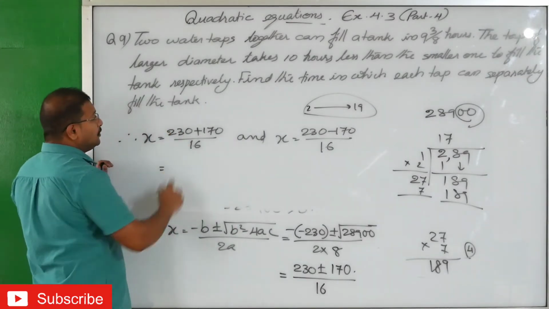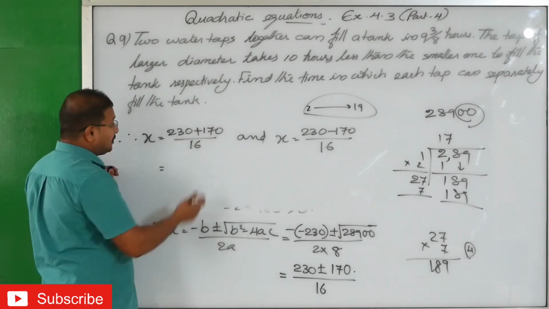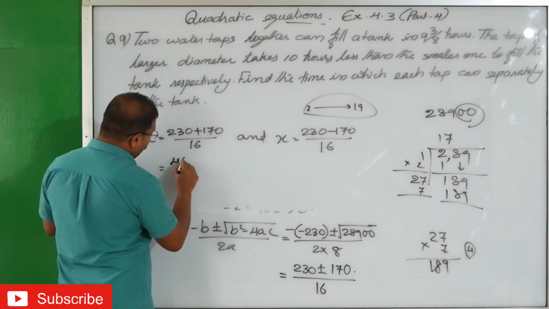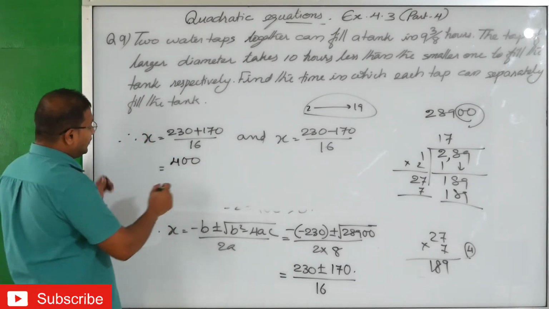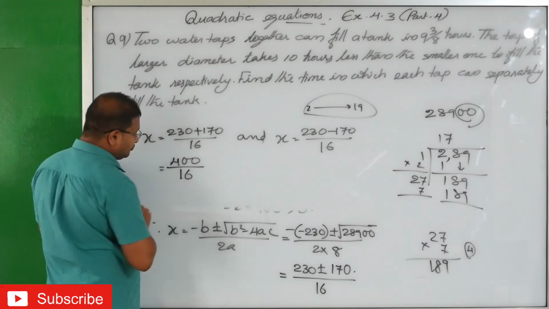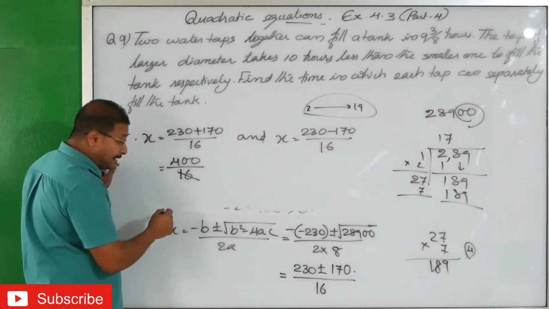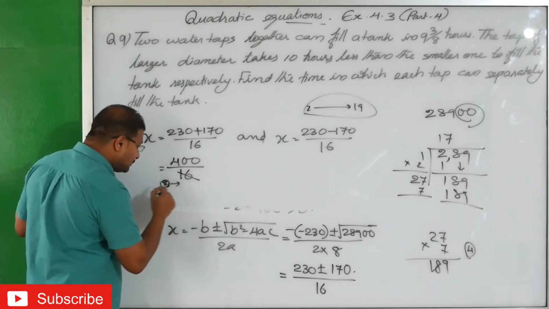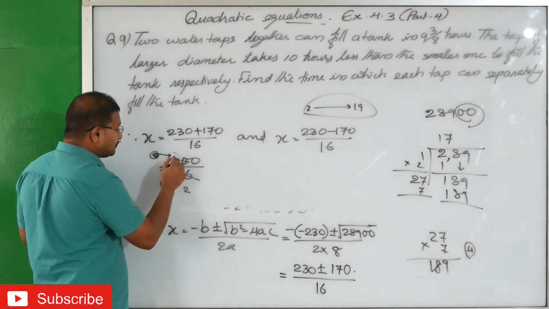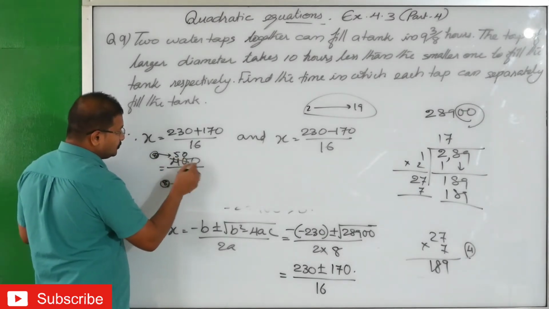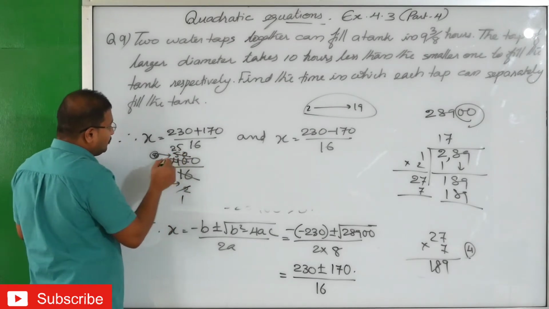This equals, now 230 plus 170, that means 400, divided by 16. Ready? Just I am cancelling directly by 8. 8 2s are 16, 8 5s are 40. Now 0. Now by 2. 2 1s are 2, 2 5s are 50.